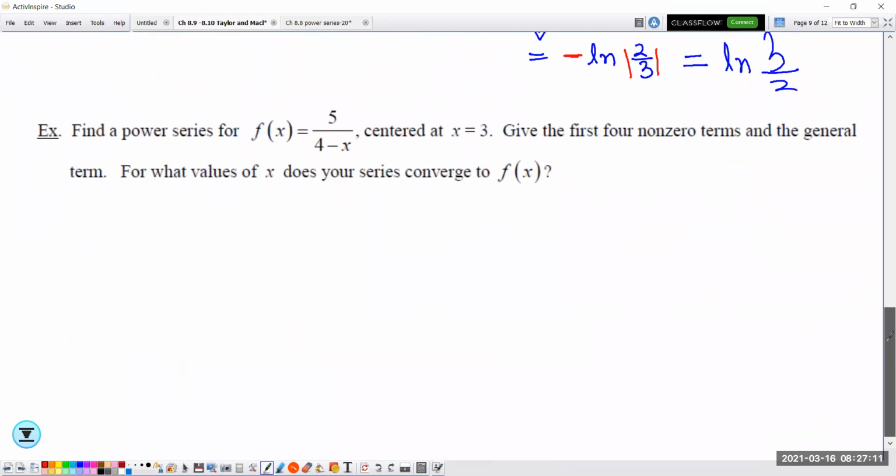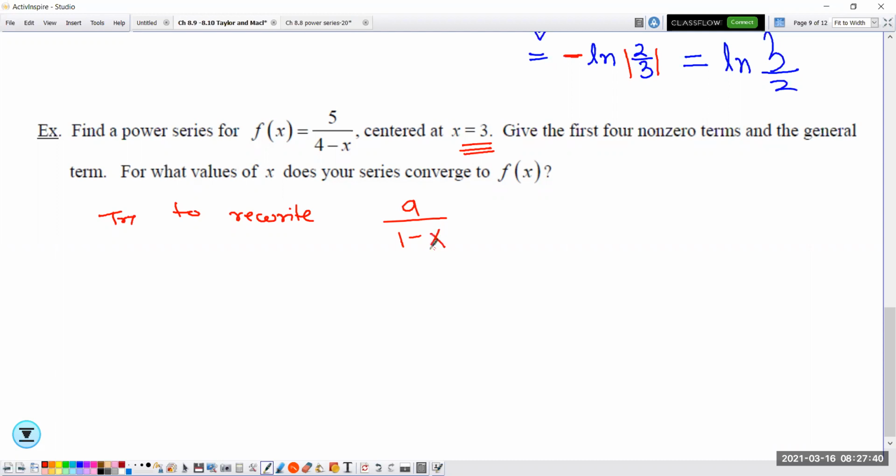So power series center 3, how can we do the manipulation? Let's talk about this. Center is 3. So try to rewrite this as if I have a over 1 minus r, let's say, a over 1 minus x.